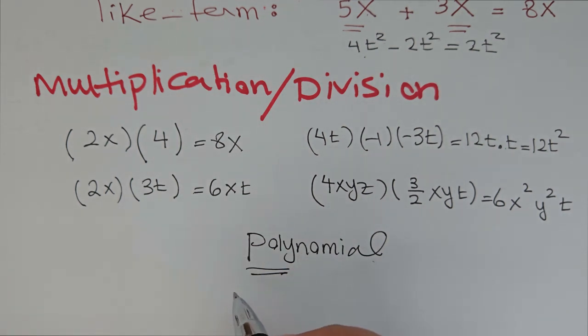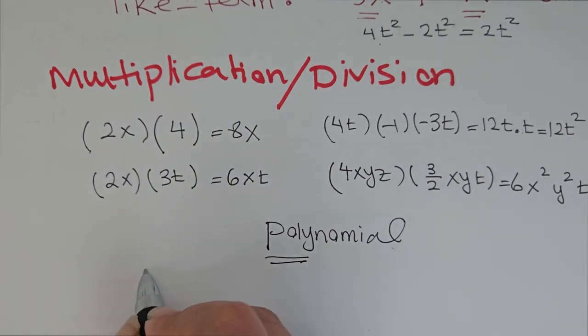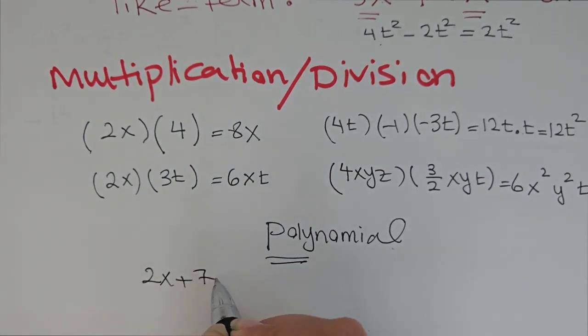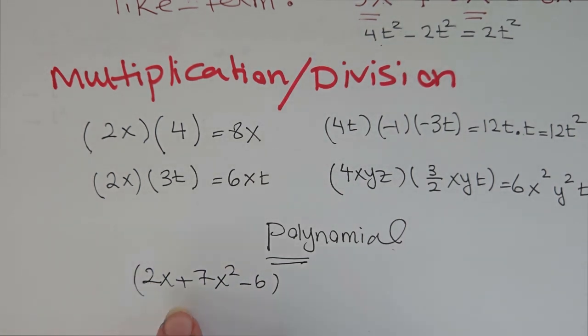So remember like a term, like an expression, let's say 2x plus 7x squared minus 6. This is an expression. And how many terms? There are three terms, or you could call it polynomial. Or in other words, because it's three, you could call it trinomial, right? So any expression in algebra is kind of a polynomial.